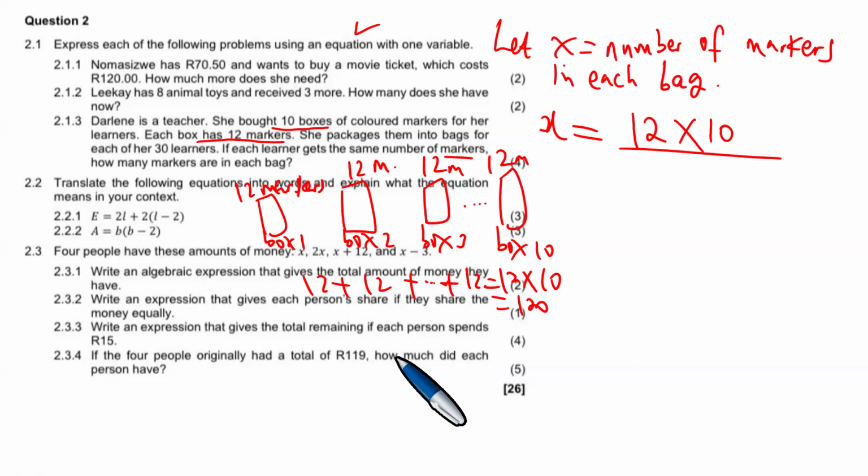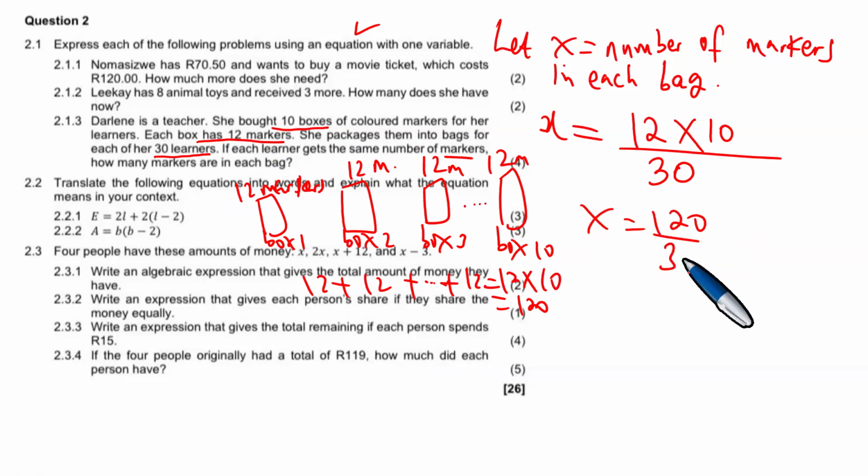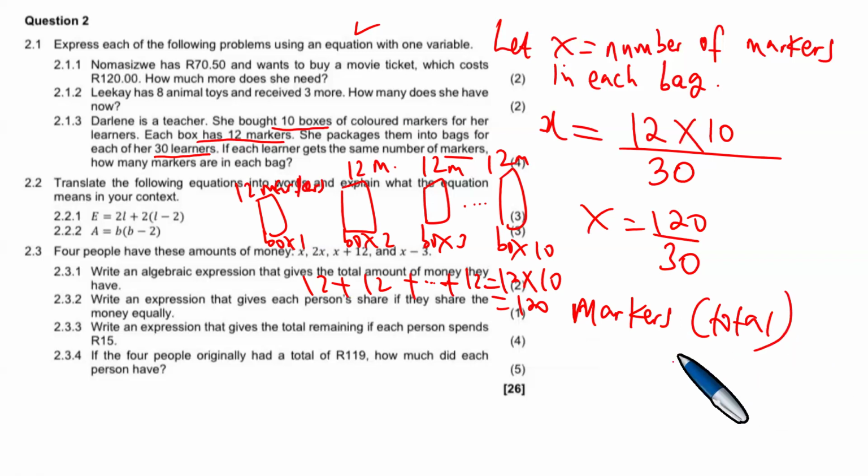And then how many learners are there? She packages them into bags. We have 30 learners. So we take 120 divided by 30 learners. 120 markers is the total, and we divide by the number of learners so that they can share equally.